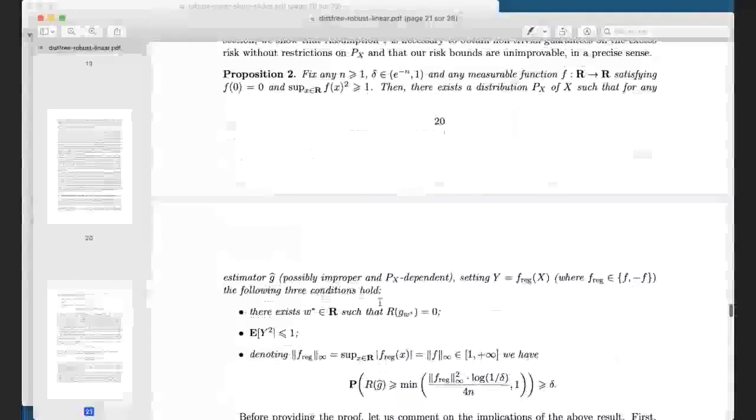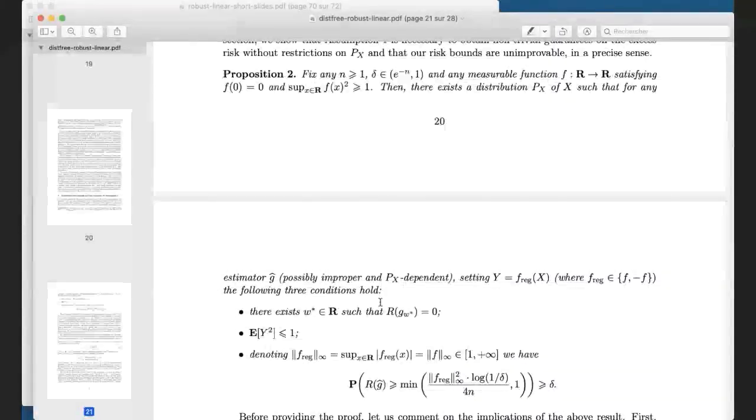Okay, so basically, you can show the same lower bound. In fact, even if you have a perfect linear predictor, which implies in particular that the conditional variance is 0, you still need an assumption on the conditional second moment, so it will be the conditional expectation squared, even if the conditional variance is 0, and in fact, even if the class contains a perfect predictor.